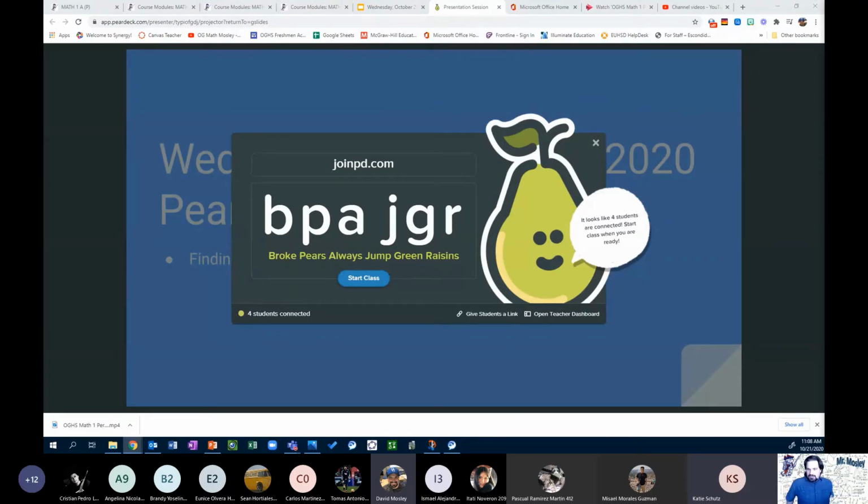They might have to, yes. If they're not already logged into Google, they should log in using their student email and password. If you need help logging in to Pear Deck, please let us know. A couple minutes here to get logged in.